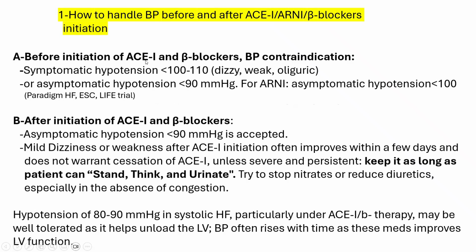One, before you initiate ACE inhibitor and beta blocker, the blood pressure contraindication is symptomatic hypotension less than 100 to 110, meaning less than 100 to 110 with dizziness, weakness, or oliguria, or asymptomatic hypotension less than 90 millimeter of mercury.